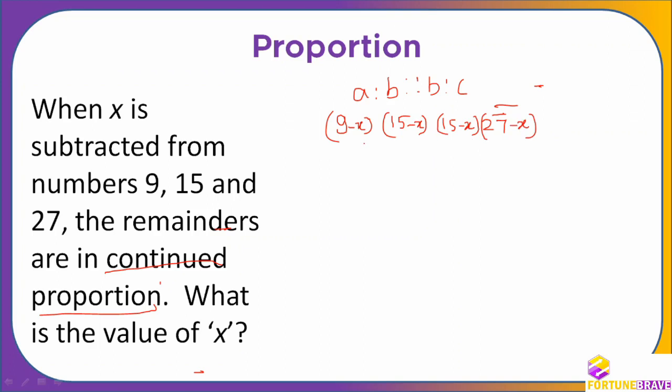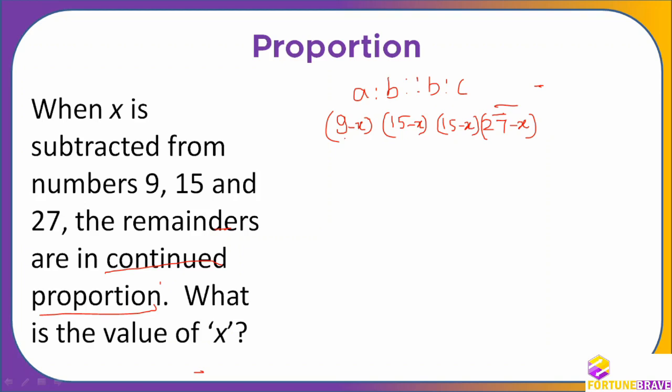Now again we are going to do the same thing: product of extremes is equal to product of means. If I want to do it directly, we have to take care of the signs. Writing is very, very important because here subtraction is there.